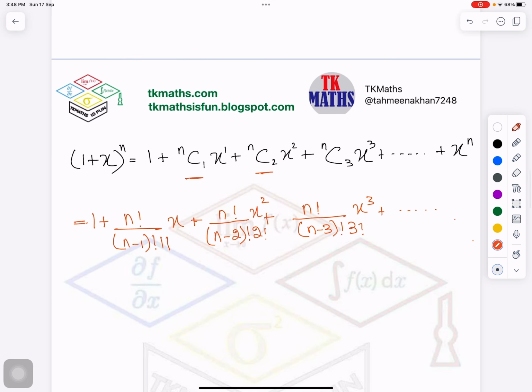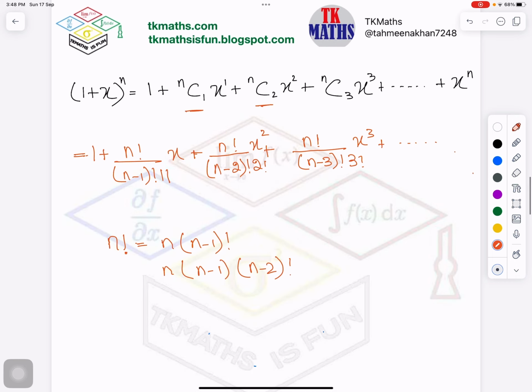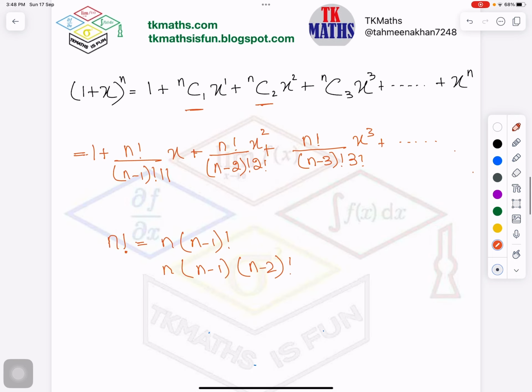So now I would ask you to recall another thing. n factorial can be written as n into (n minus 1) factorial, or n into (n minus 1) into (n minus 2) factorial. Just like for 5 factorial, you can write 5 into 4 factorial, or 5 into 4 into 3 factorial.